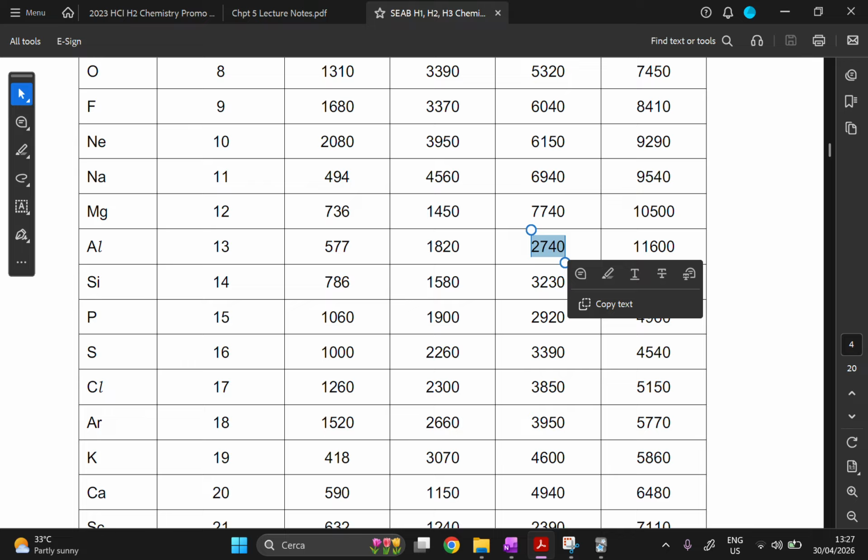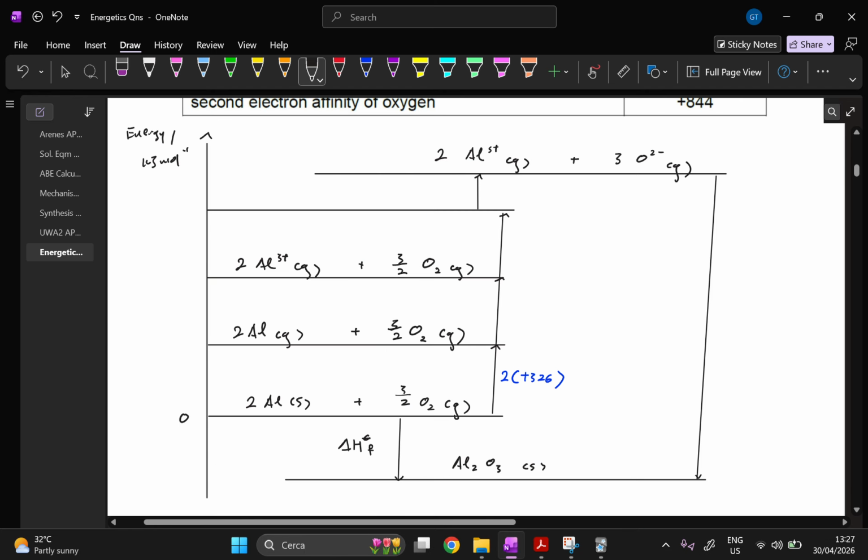Let's punch calculator for a bit. So that's going to be 5137. So I need two moles of this. 2 times, I added those three together and it's 5137. But for my working purposes, just to show you so that we are clear, this is first IE plus second IE plus 2740, third IE.